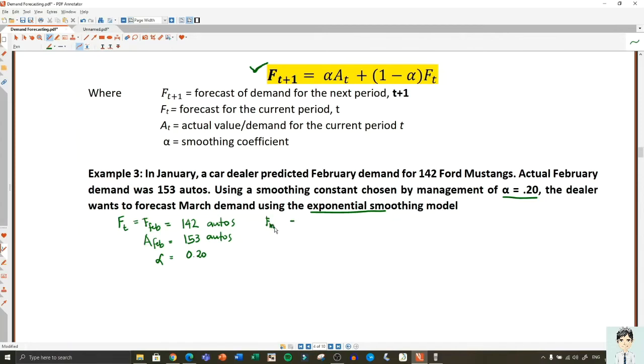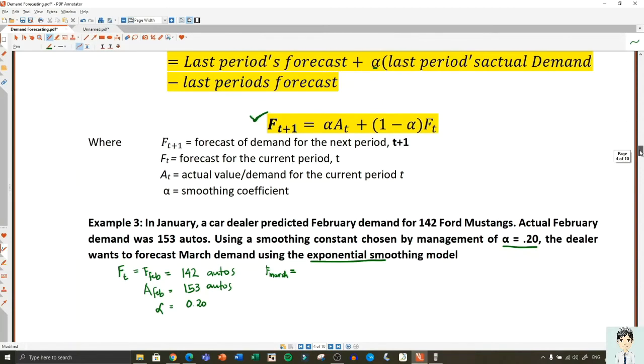So yung unang formula natin, diba? Forecast for the month of March is equal to what? Equals to last period's forecast. Ano ba yung last period forecast?